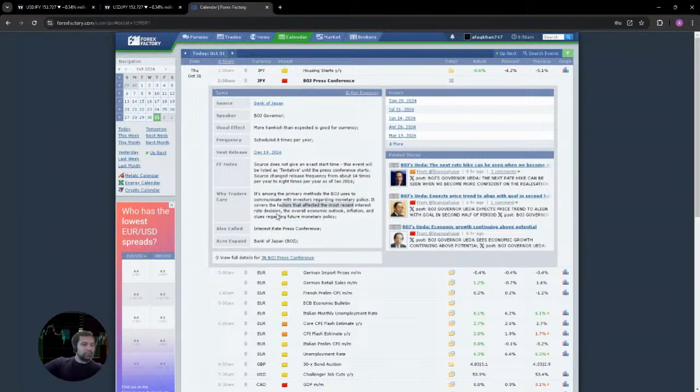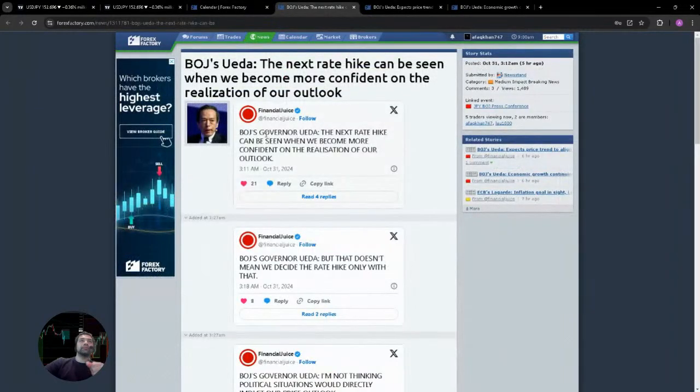So BOJ Governor Ueda said the next rate hike can be seen when we become more confident in the realization of our outlook.